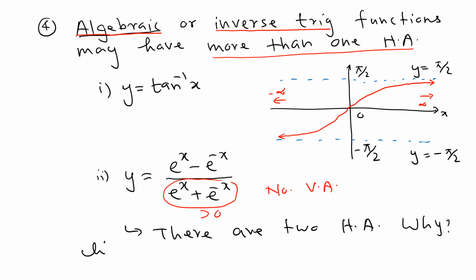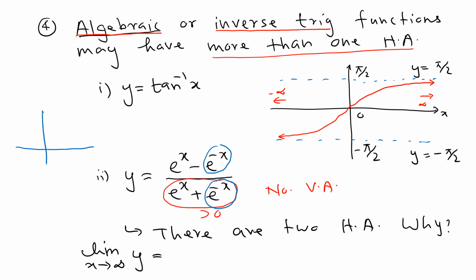When the limit of x goes to positive infinity, what happens? You can see these two terms are very small. Remember the graph of e to the negative x? It looks like this.